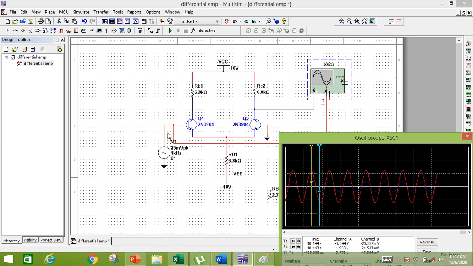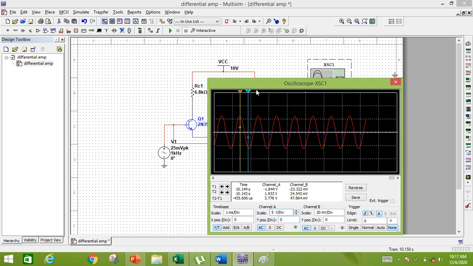Because अभी हमने Q2 के बेस को ग्राउंड किया है और Q1 पे हमने सिग्नल अप्लाई किया है, तो जो हमारा आउटपुट है that is actually in phase with the input signal. The input signal is actually red, the output signal is actually blue, so the output signal is in phase with the input signal. So that is why we call the base of Q1 the non-inverting input.